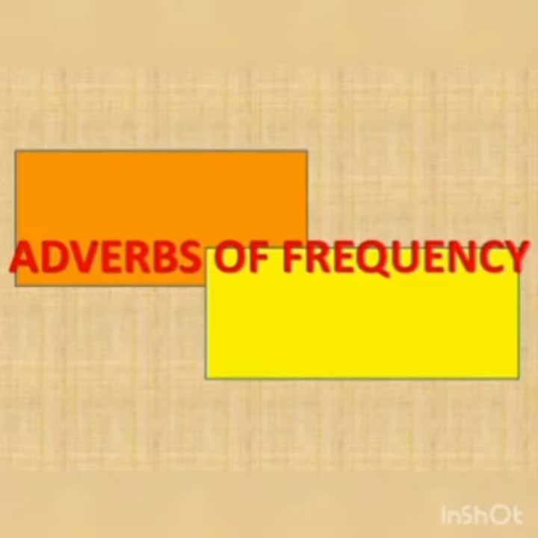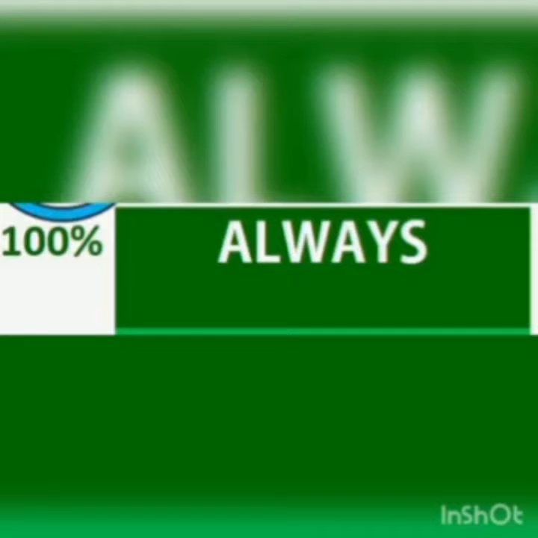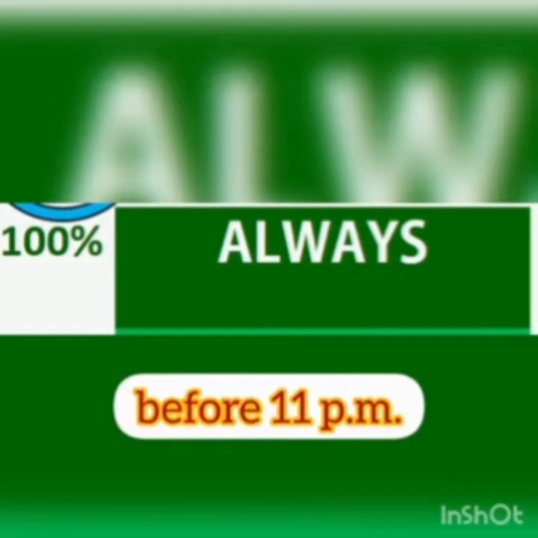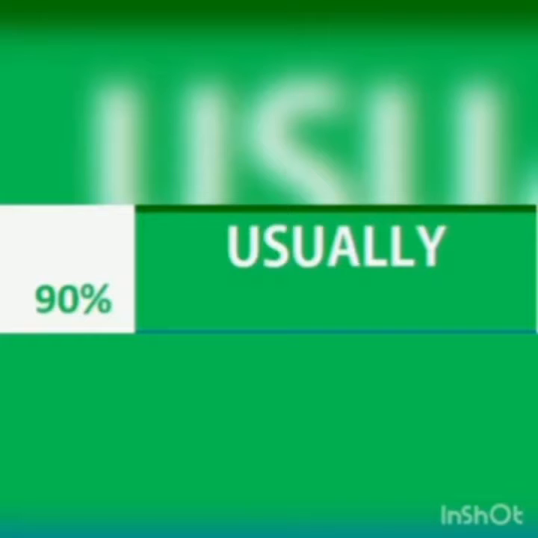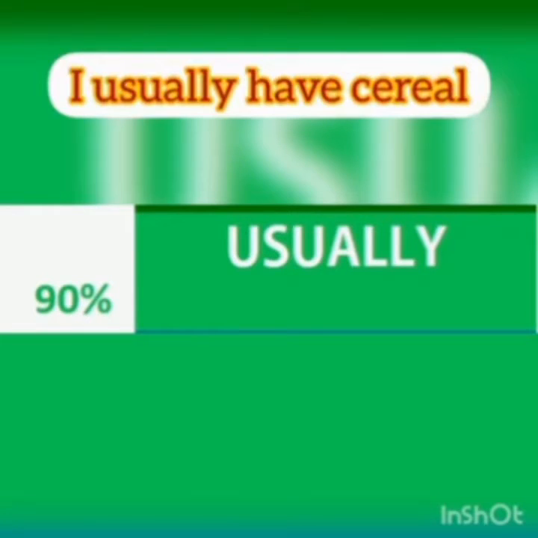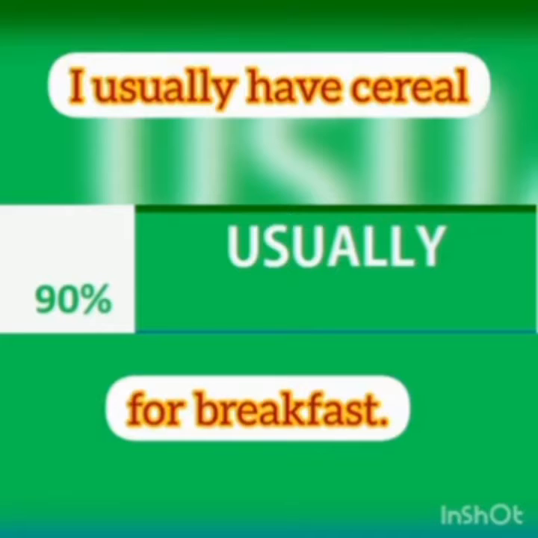I'm going to start with the word always, 100%, with an example: I always go to bed before 11 p.m. Then we have, at 90%, the adverb usually.